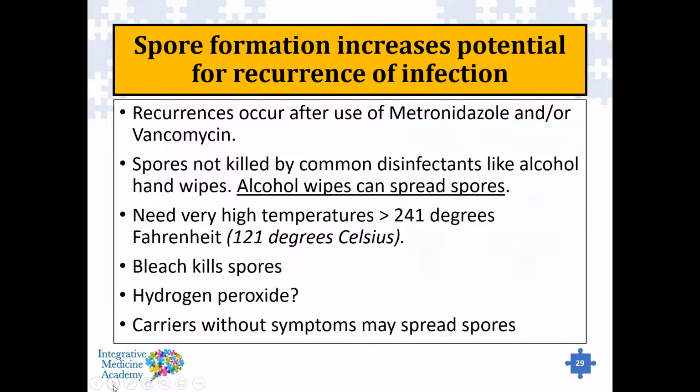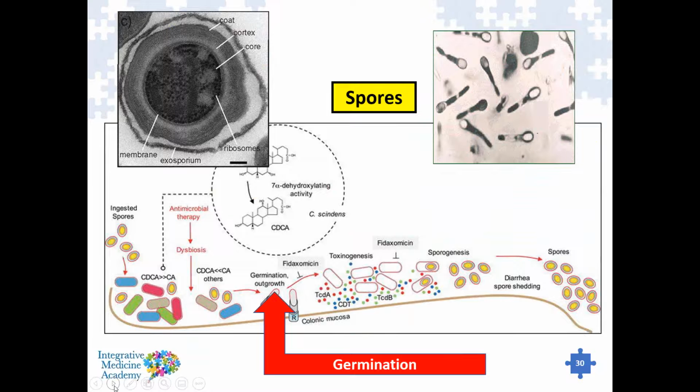But one of the things I just wanted to mention now is the fact that spores make Clostridia very, very challenging, and the spores themselves are very sophisticated. As the Clostridia spores are entering the digestive system, entering the small intestine, as they're moving through, they're starting to transform themselves into what's called a germination phase or outgrowth phase.